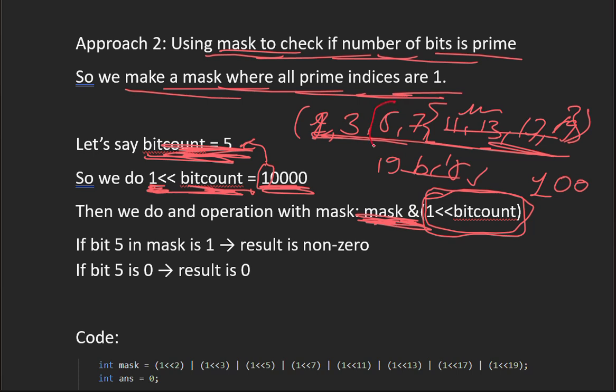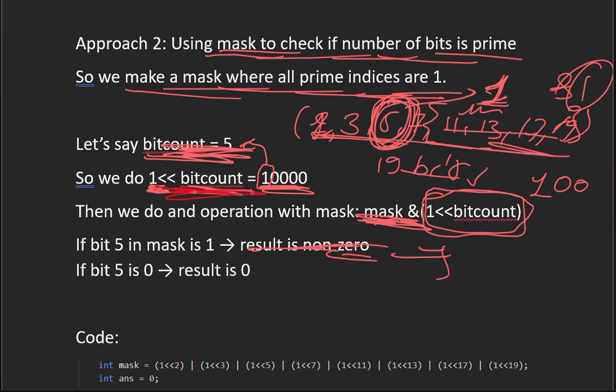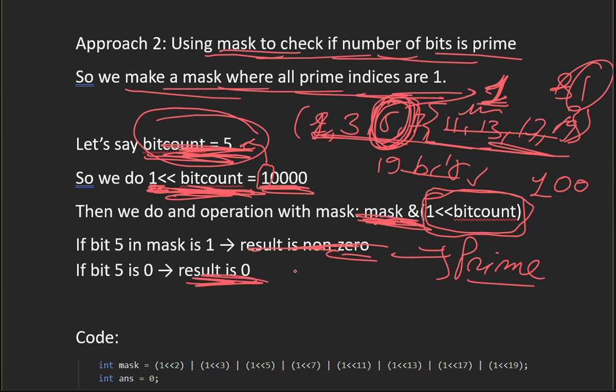As you already know, in the mask we have made the 5th bit 1, so 1 and 1 will give us 1. That means if bit 5 in the mask is 1, the result is non-zero, which means this bit count is a prime number. Else if it gives us a result of 0, then it is not a prime number.